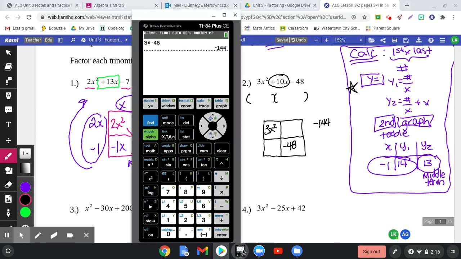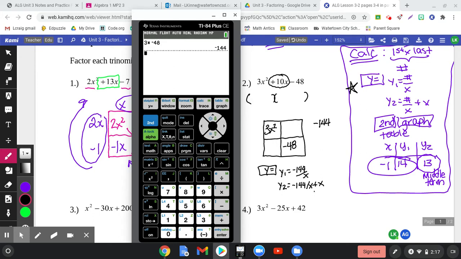So let's take a look. Again, if you want to write that down here, you can. Y equals. In y1, negative 144 divided by x. In y2, negative 144 divided by x plus x. You don't have to write that down when you show me, but it's good to have for notes so you know where the heck things came from.